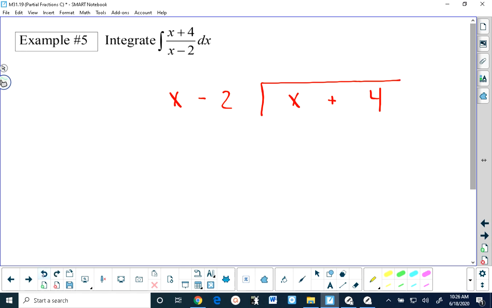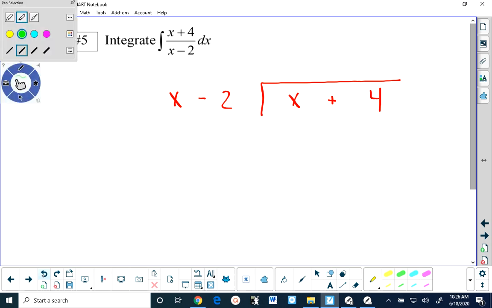Now, when you perform your first step in long division, which is to divide, it's important to note that you only look at the highest degree term in your dividend and the highest degree term in your divisor. You're thinking to yourself, what is it that I get when I take the highest degree term in the dividend and divide by the highest degree term in the divisor?